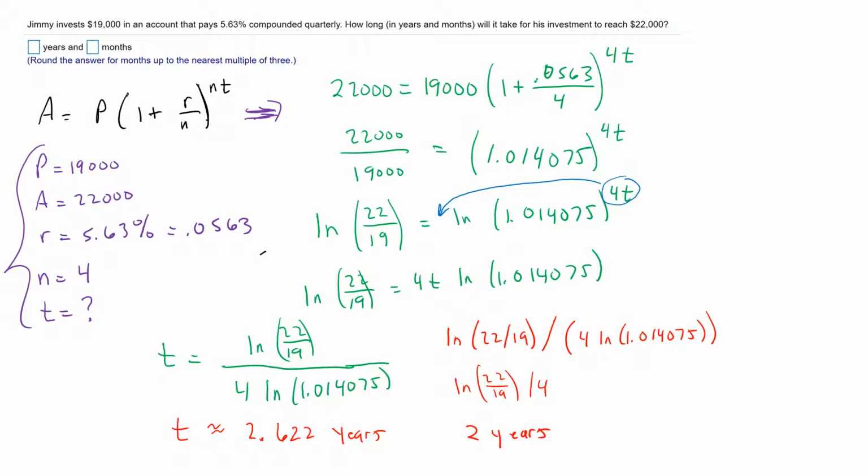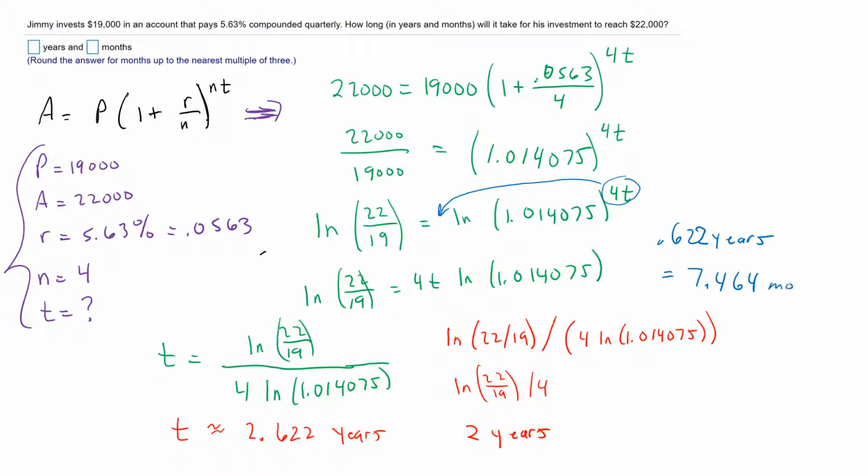But then how many months? I need to realize, 0.622 years is equivalent to how many months? Well, there's 12 months in a year, so using my calculator, 0.622 times 12 gives me 7.464.